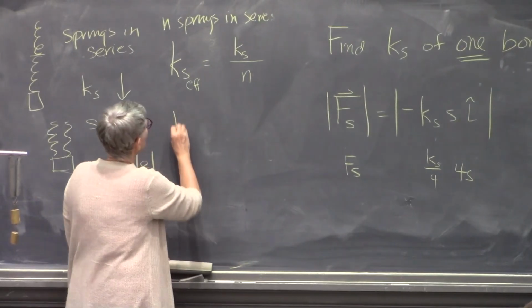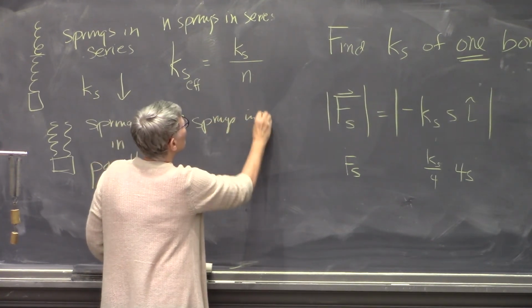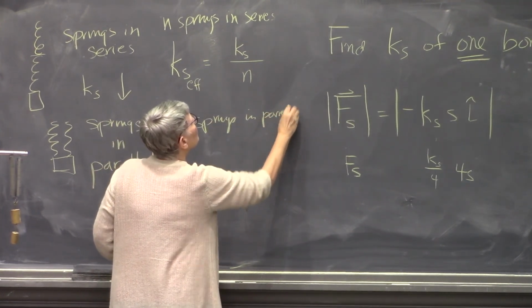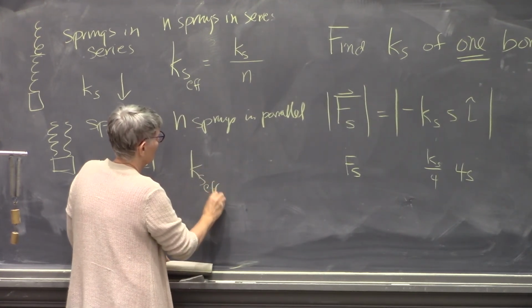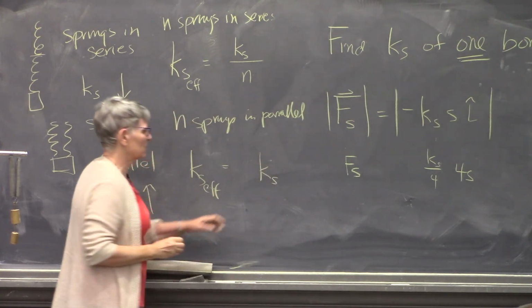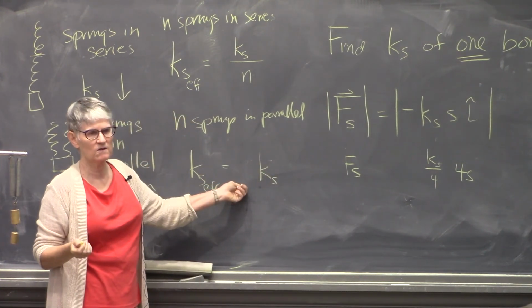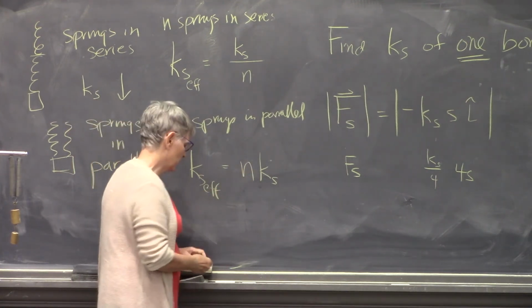So what about n springs in parallel? The original spring stiffness times n. So it goes up.